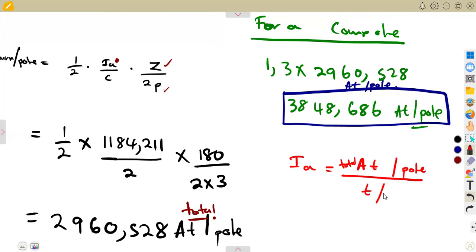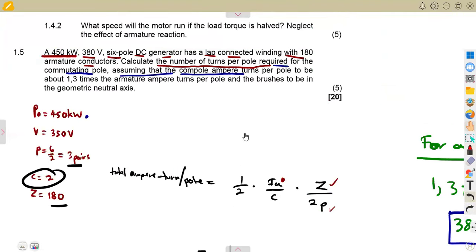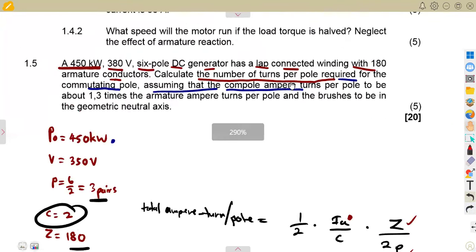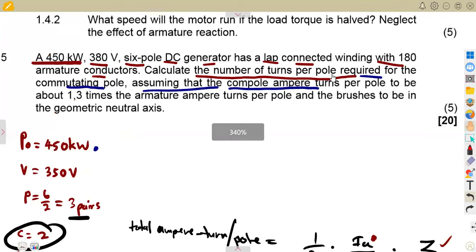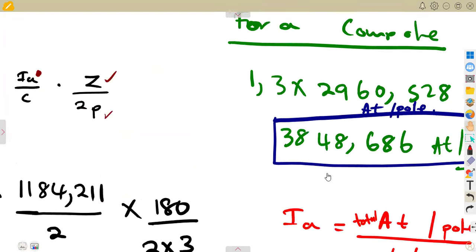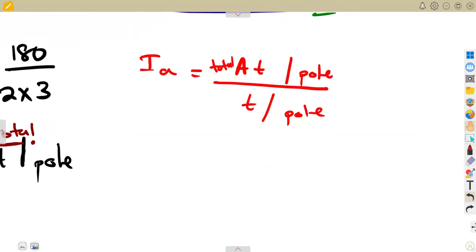Just like how many turns per pole over the turns per pole. So we need this one, the turns per pole. This is our question. Our question is to calculate the number of turns per pole required.